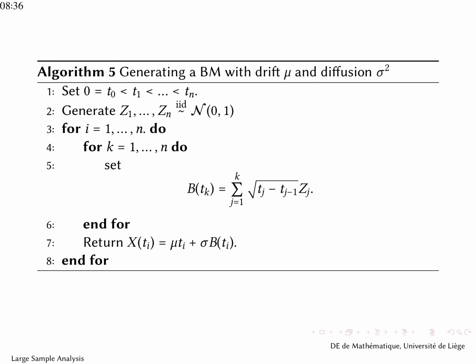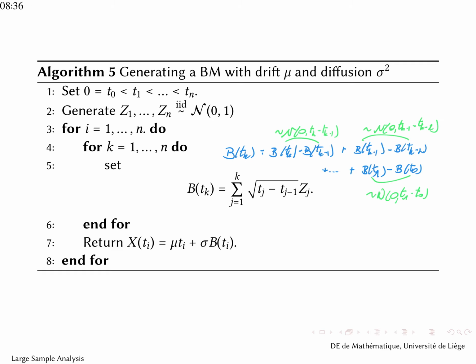We can write B_tk as B_tk minus B_tk-1 plus B_tk-1 minus B_tk-2 plus and so on until B_t1 minus B_0, because we know that B_0 is 0 anyway.